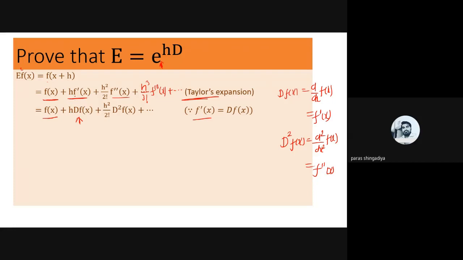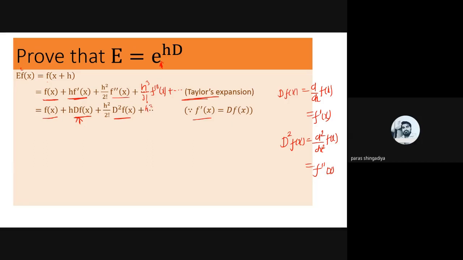So h as it is here, and f dash x will be replaced by Df(x). The meaning is the same. We just need D notations in this equation, therefore we are replacing that. So f dash x is Df(x), then the next term is h square by 2 factorial and f double dash x is given, so it will be D square f(x), because it is a 2 times derivative.